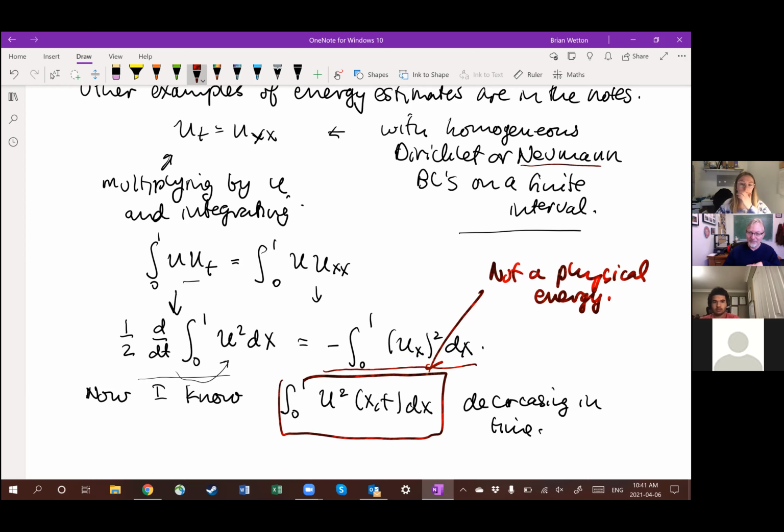So that gives you some idea of continuity of solutions and their dependence on initial conditions in this kind of norm. And like I said, there's a number of other examples in the notes of energy estimates. And if you go on to a more theoretical PDE class, that's something that you will see a lot more of.